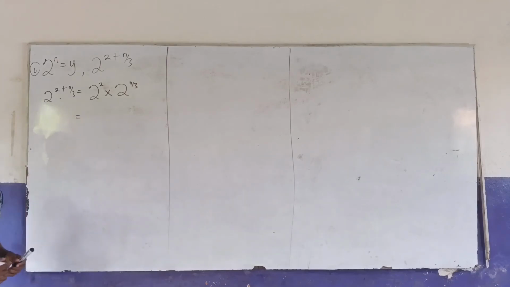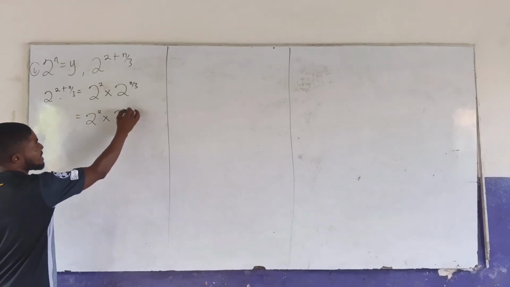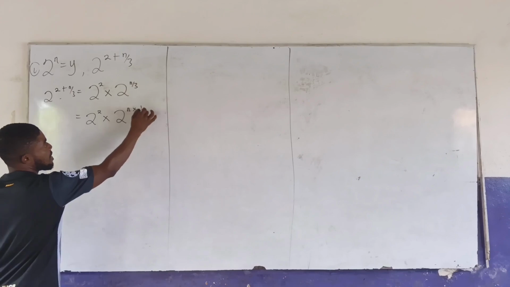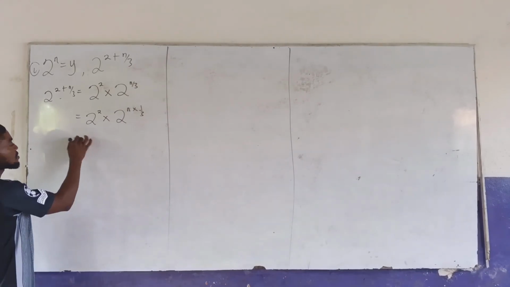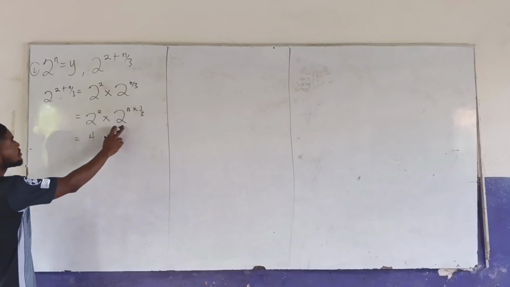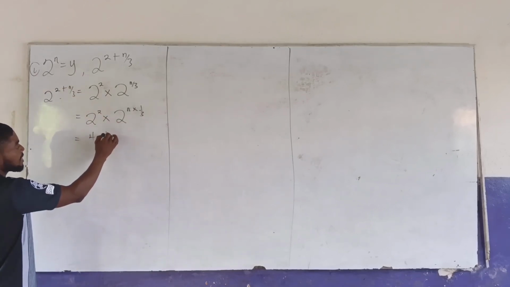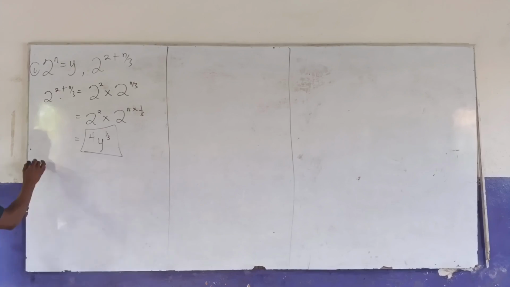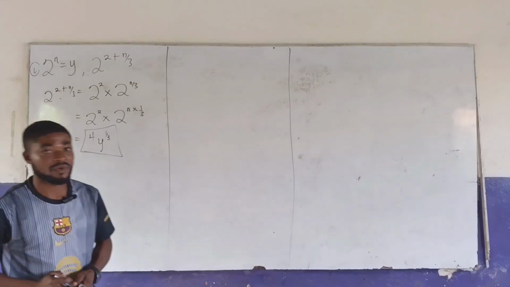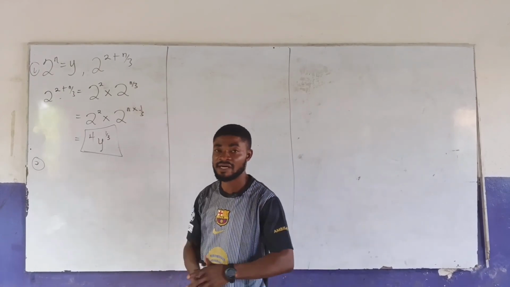At the same time, from the laws of powers, we can express this as 2 to the power 2 times 2 to the power n times 1 on 3. 2 squared is 4, and 2 to the power n, from the question, is y, to the power 1 on 3. And so we have the answer for question 1 as simple as what we have on the board. I think just 3 steps and then you get to the final answer.